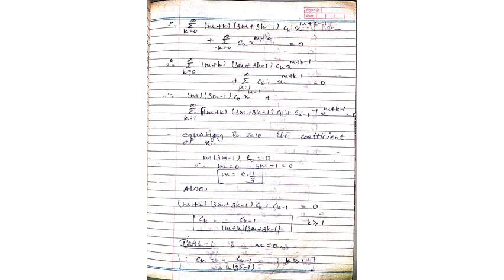So summation k equals 0. In both terms, m plus k is the common term. So keeping m plus k common, the remaining terms I am writing here: 3m plus 3k minus 1, c_k as it is, x^(m+k-1) as it is, and the last term again keeping as it is.